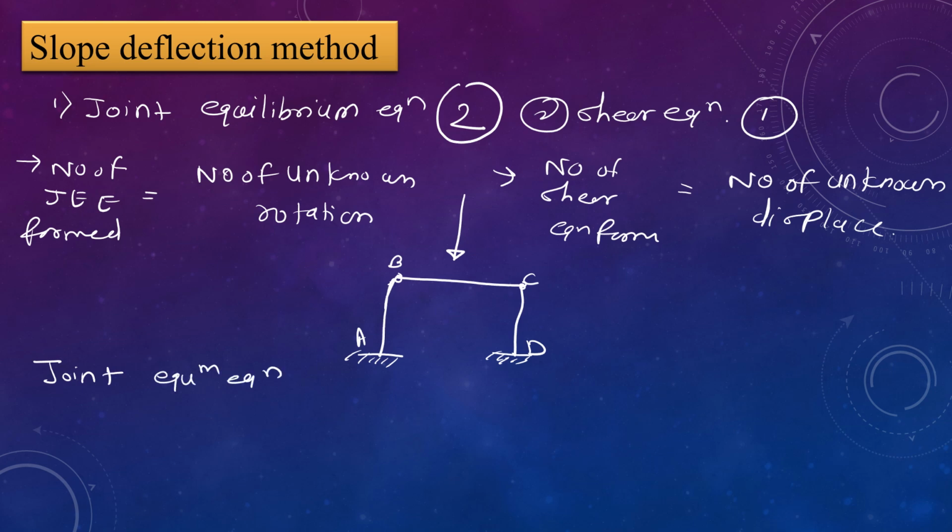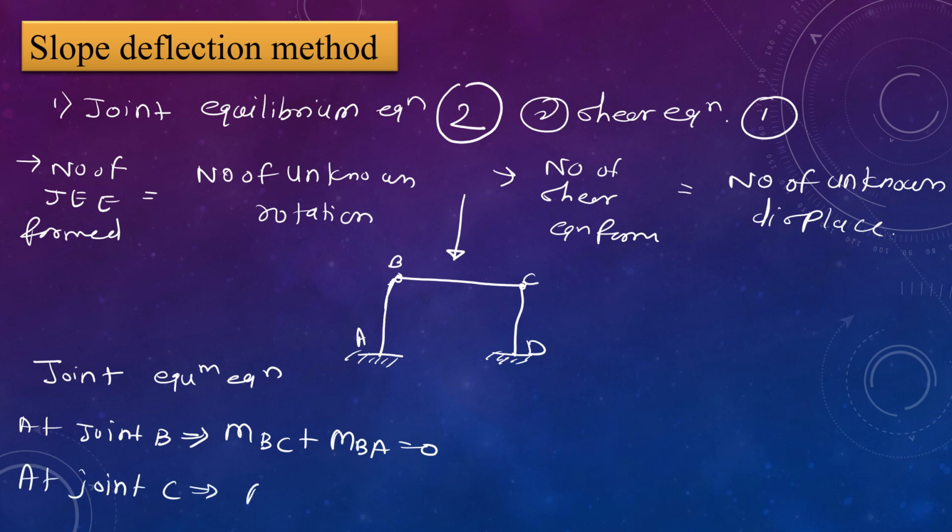At joint B, the joint equilibrium equation is MBC plus MBA is equal to 0, and at joint C, MCD plus MCB is equal to 0.